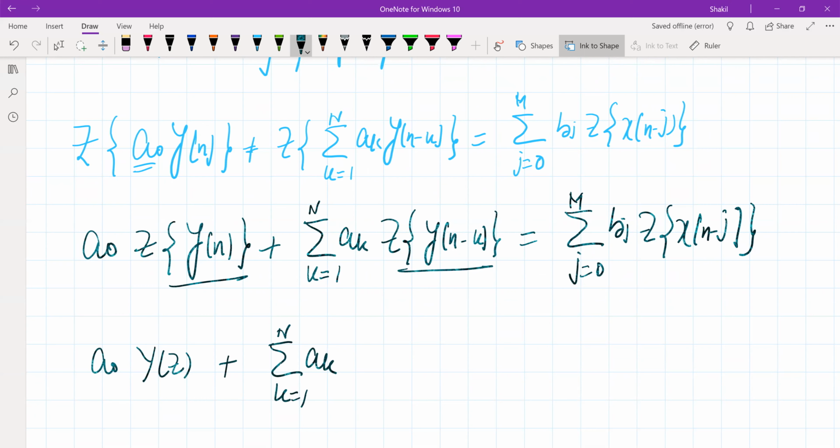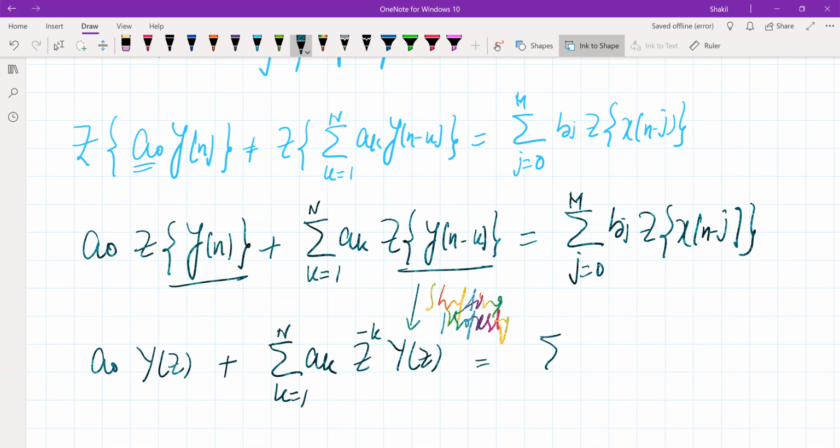Using the shifting property, if the Z transform of y of n is Y of z, then the Z transform of y of n minus k is z to the power minus k times Y of z. This is by using the shifting property of Z transform.